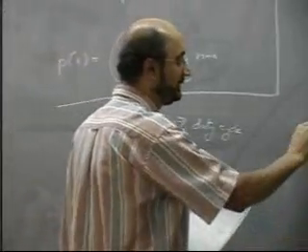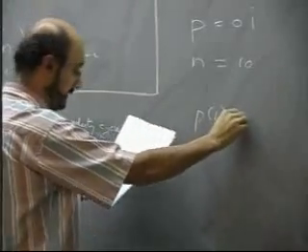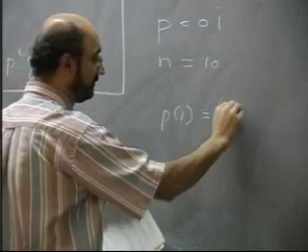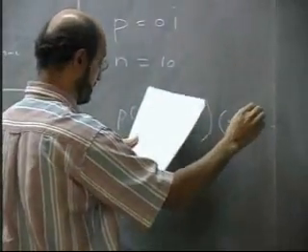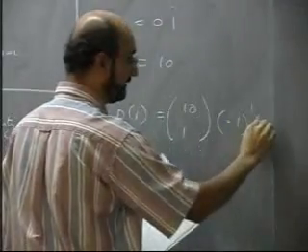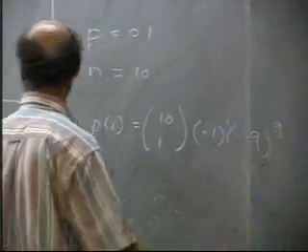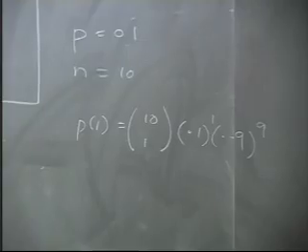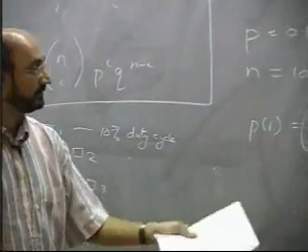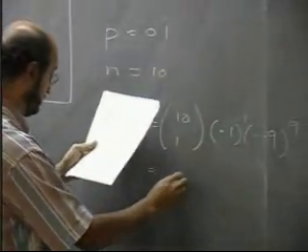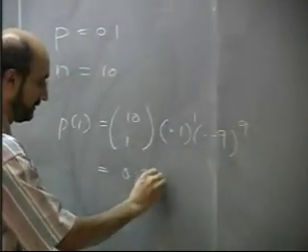So let's take that for p of 1. P of 1 is nothing more than 10 choose 1, 0.1 to the 1, and 0.9 to the 9, because 10 minus 1 is 9. And this turns out to be 0.38.